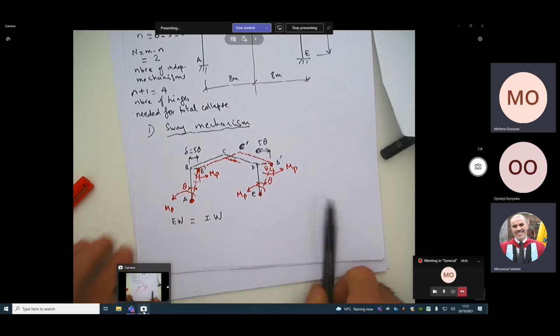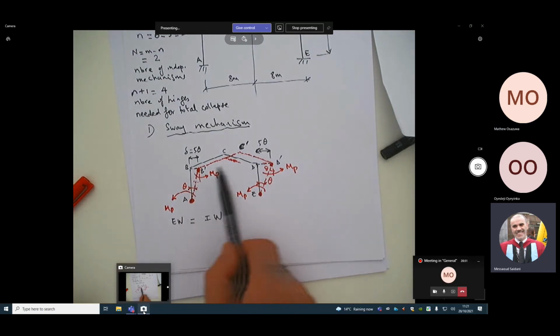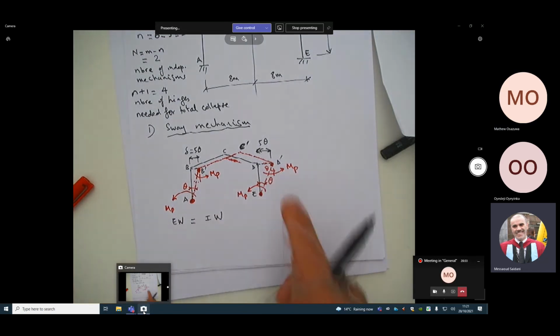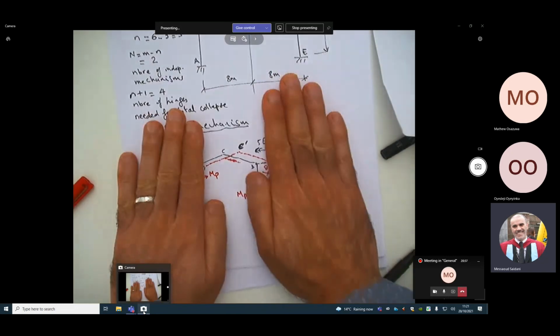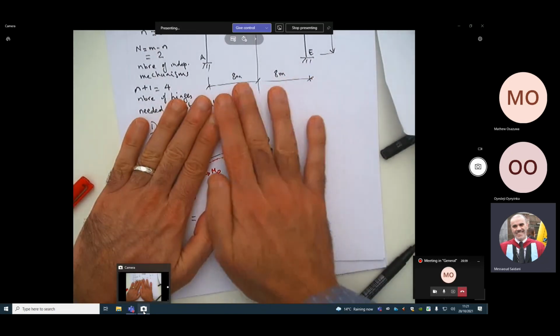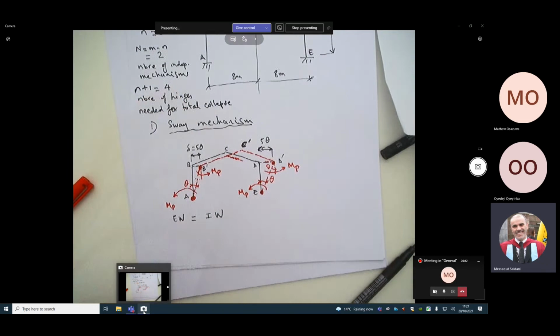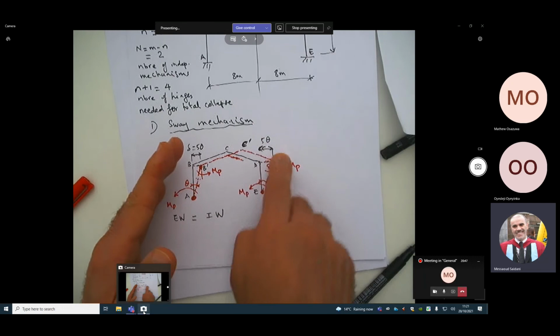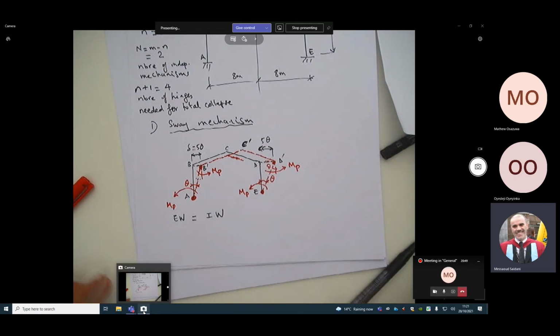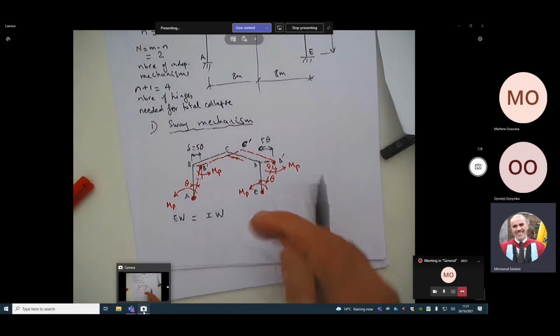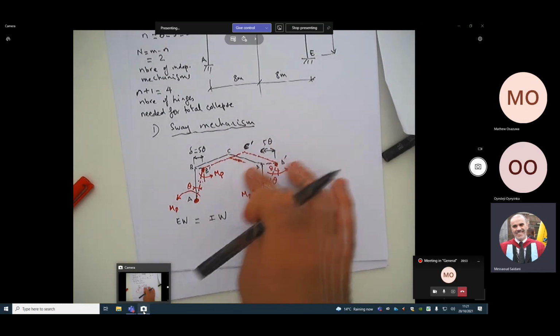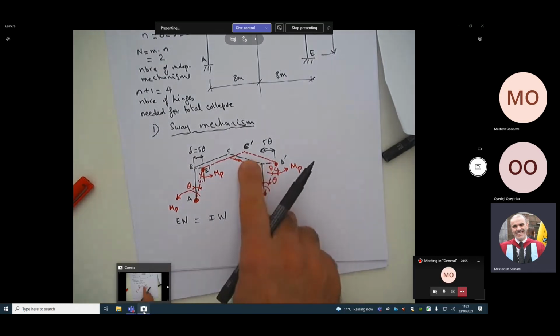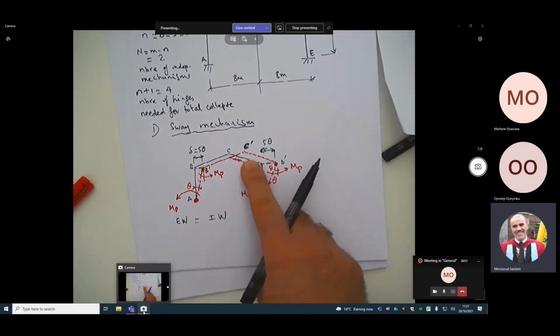All we have is a simple horizontal movement, and therefore there is no hinge forming at C. The top here does not deform in any way at all. It's only the frames rotating, and they carry BC with them. Is that clear? So there is no hinge, because there is no rotation taking place at C.